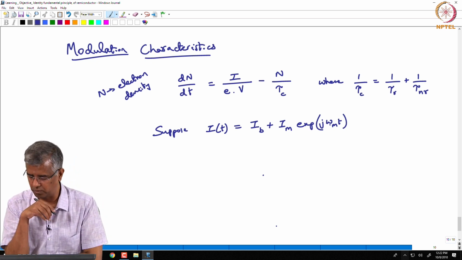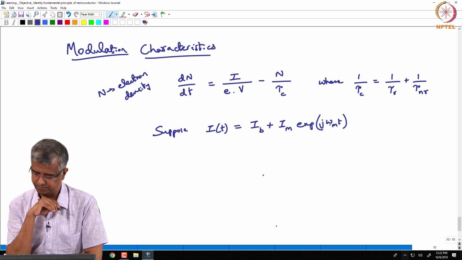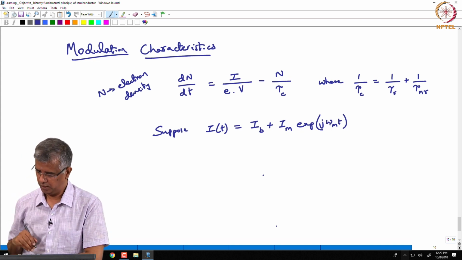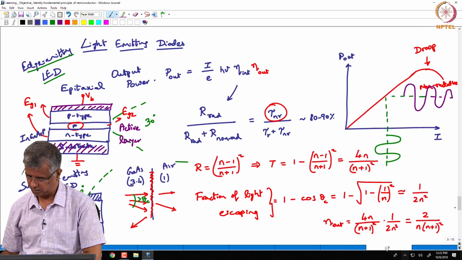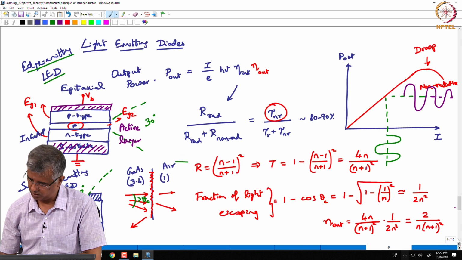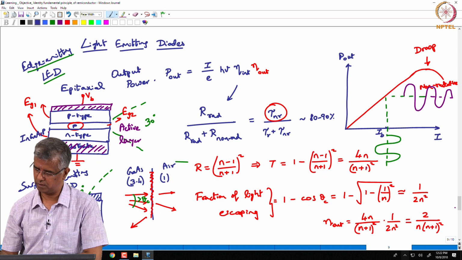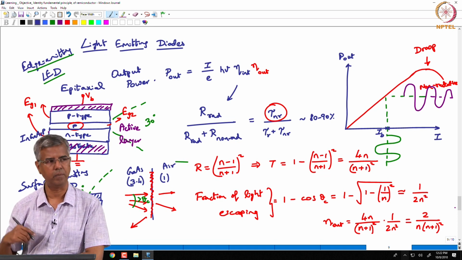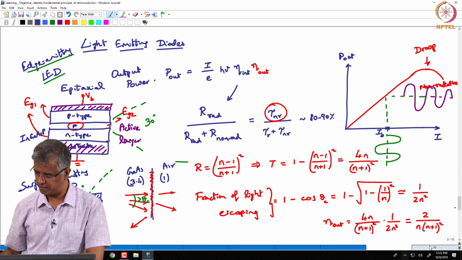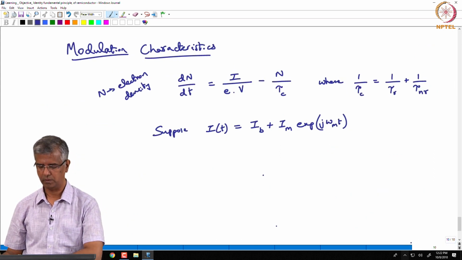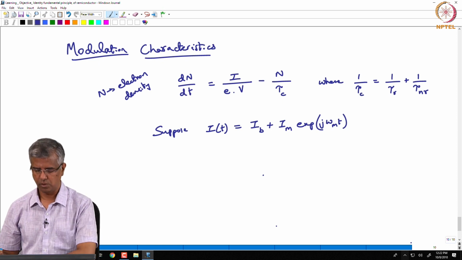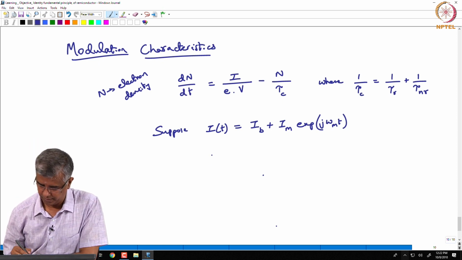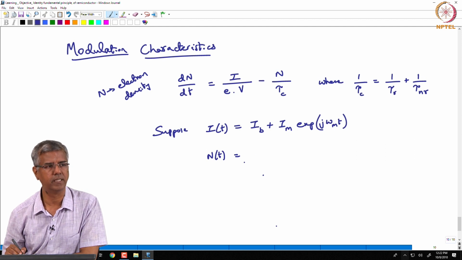So, it is basically sinusoidal modulation with some arbitrary phase. Okay. So, if I were to go back to this picture here, what I am talking about IB is this value over there. I am biasing at some value and then I am modulating around that value, right.